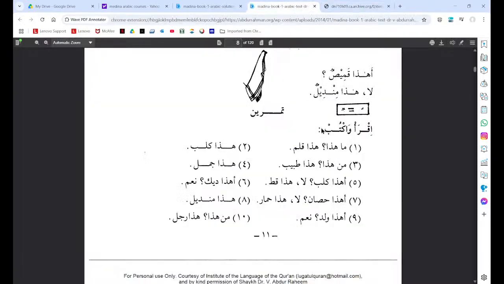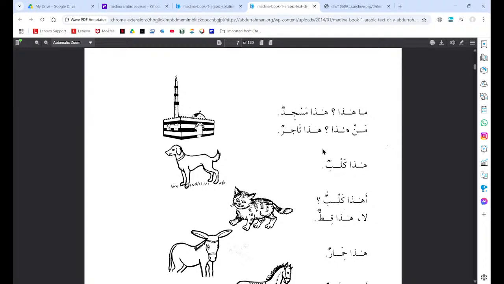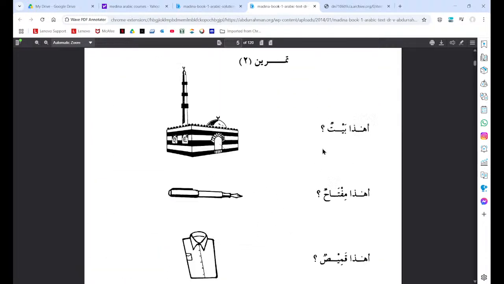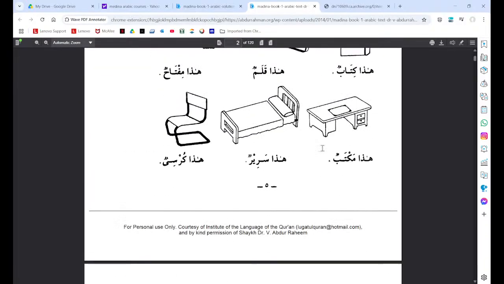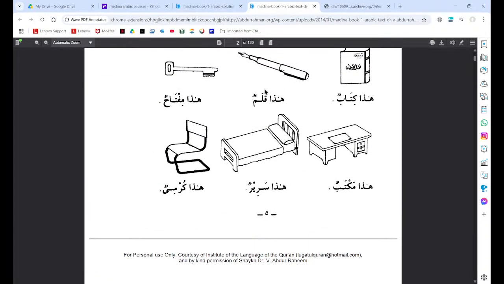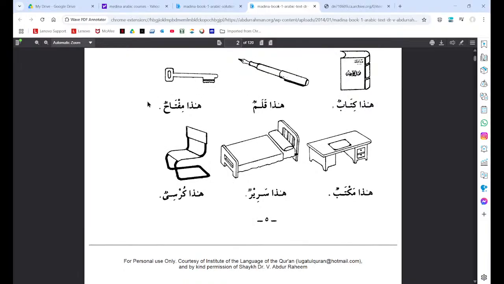العربية أداة الاستفهام بمعنى. Brother Gulshir Muhammad al-Shukri. هذا مسجد. This is a masjid. هذا باب. This is a door. هذا كتاب. This is a book. هذا قلم. This is a pen. هذا مفتاح.